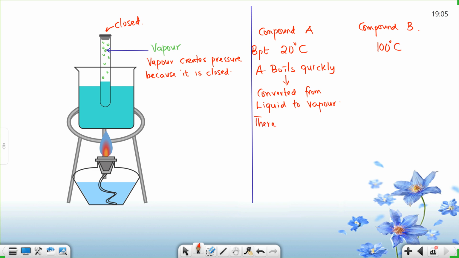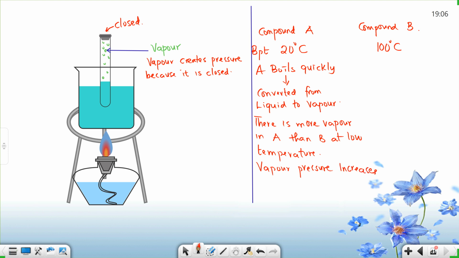There is more vapor in A than B at low temperature. And because there is more vapor, what happens? Vapor pressure increases because there's more vapor.